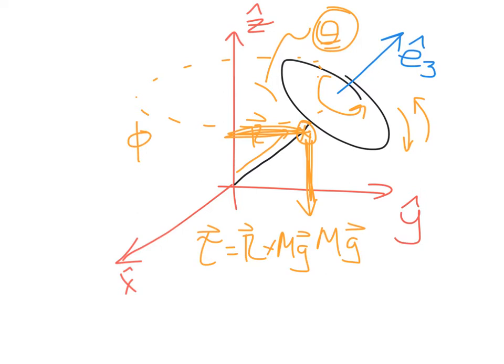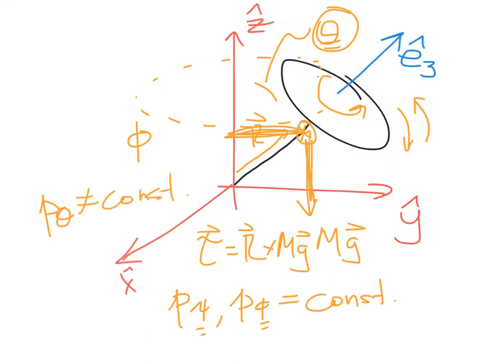And so as we'll see, we will get a conservation of the generalized momentum for the psi coordinate and for the phi coordinate. These will both be a constant because the Lagrangian, specifically the potential energy, will have no dependence upon psi or phi. But the theta momentum coordinate, that will not be a constant because the potential energy will have a theta dependence. And so let's see what those dynamical equations look like.